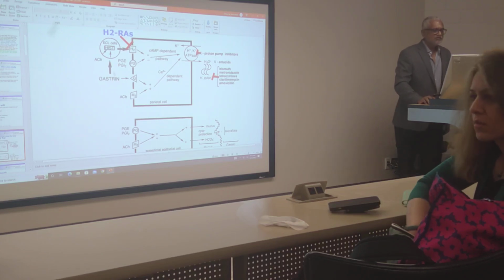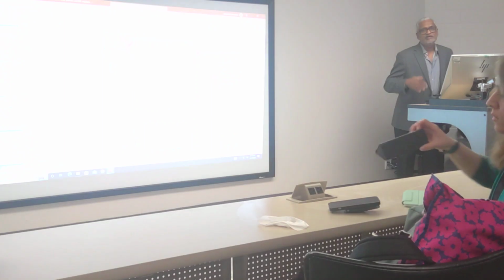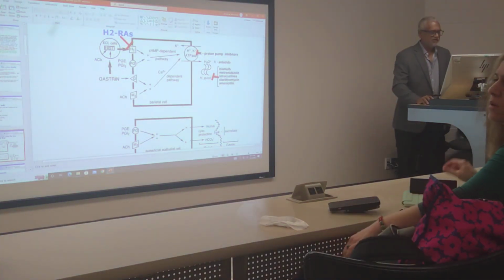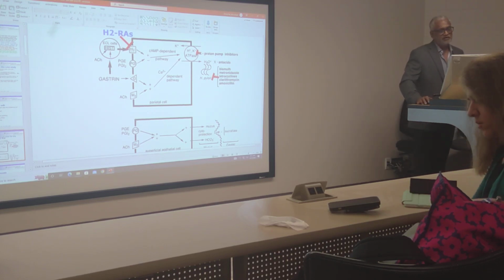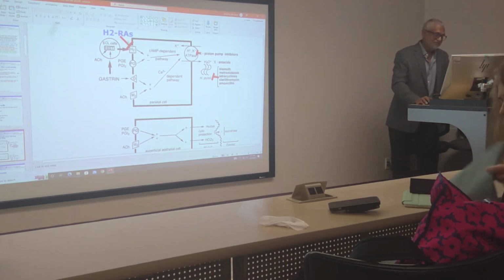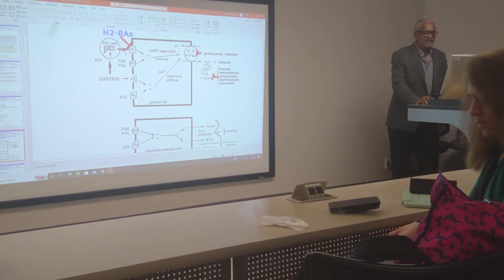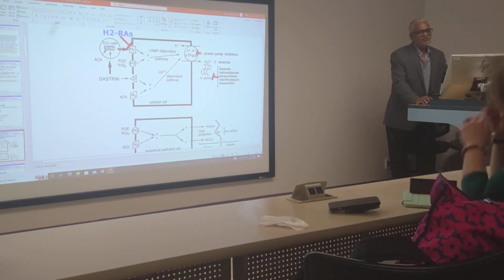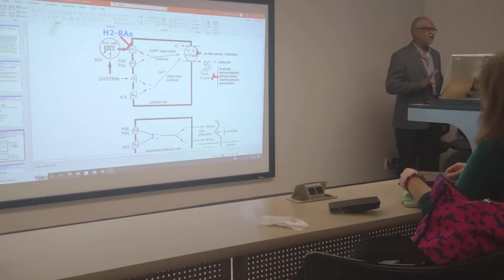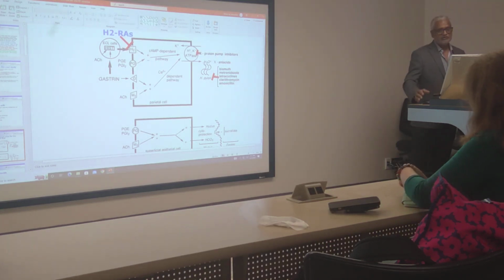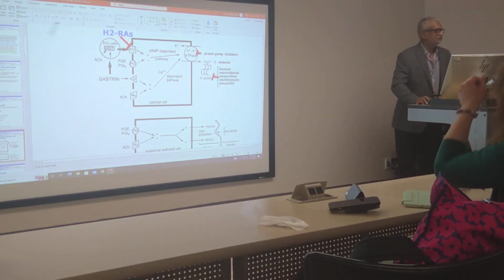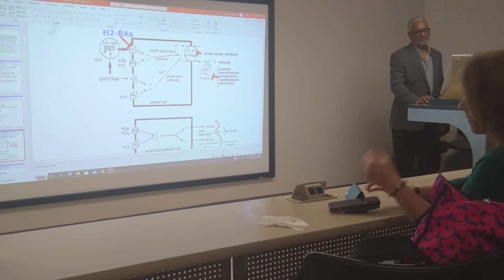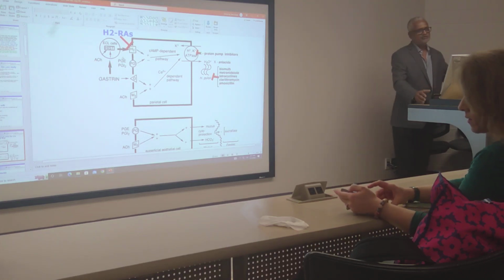Acetylcholine, gastrin, and histamine are the natural way we activate the proton pump through H2 receptors. That is the normal pathway. If we use the blockers, the H2RAs, they block the activation of H2 receptors by any of these: acetylcholine, gastrin, or histamine. So that's where the H2RAs come in.